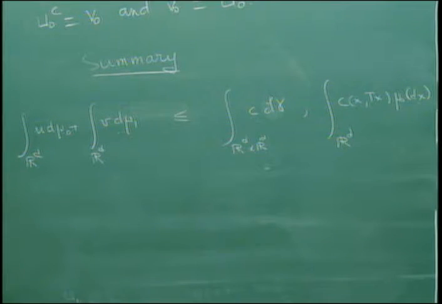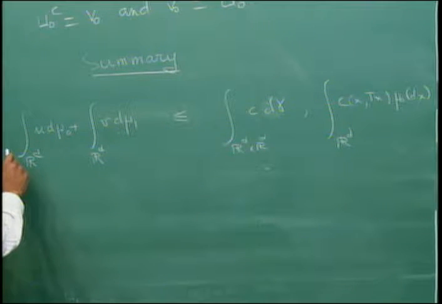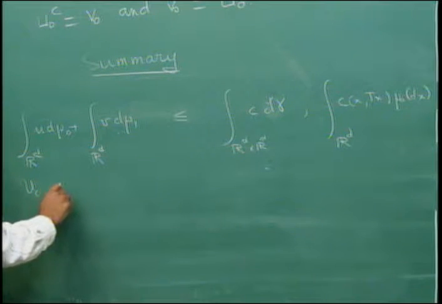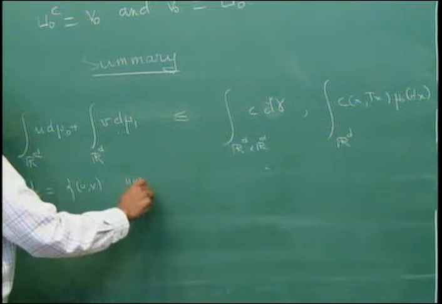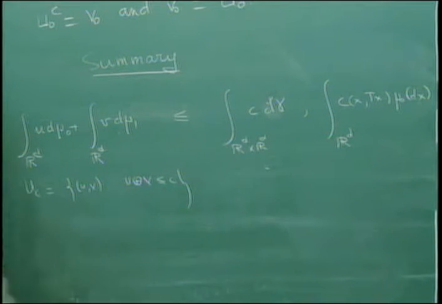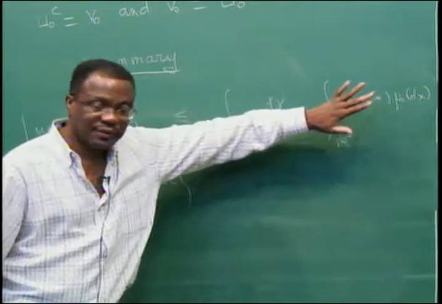If you take UC to be the set of U, V such that U is upper semi-continuous, etc., and this inequality holds, then the graph of this functional is below the graph of that functional and the graph of that functional.